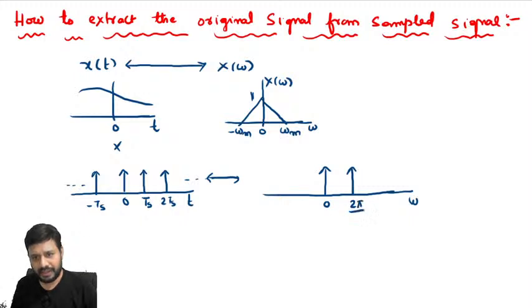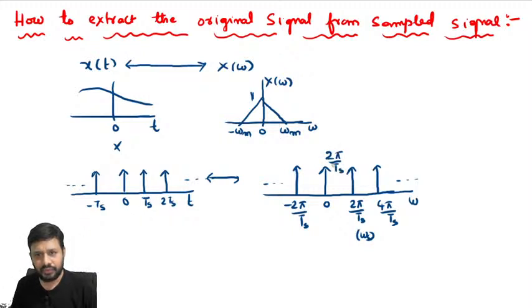Here 2 pi by Ts will come, which is nothing but omega s, 4 pi by Ts, minus 2 pi by Ts, and so on. This will become 2 pi by Ts. So Fourier transform of impulse train is again impulse train.